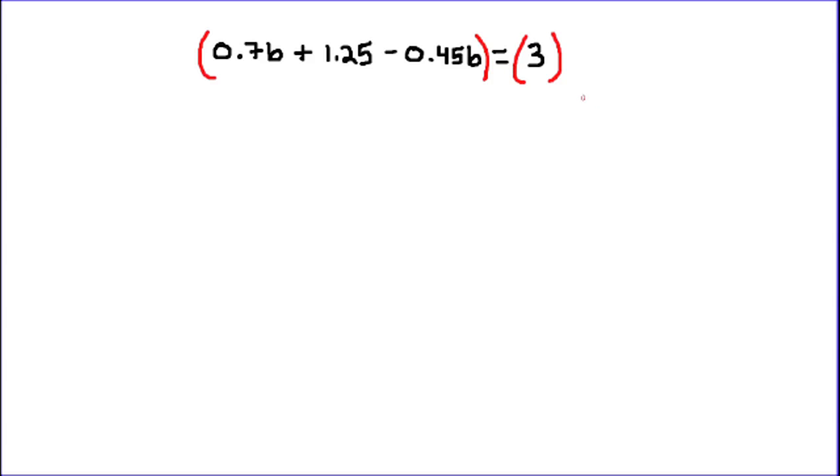To determine that value, I need to look at the final place value of each of my numbers. Here I have the tenths, here I have a hundredths, here I have a hundredths, and here I have units place value. The smallest of all of those place values is the hundredths place.